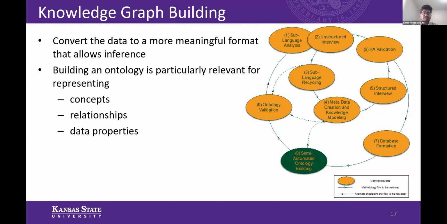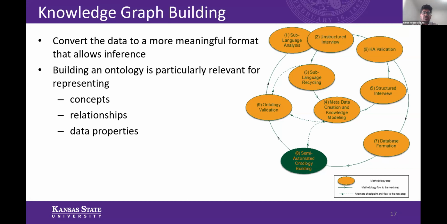As we all know, converting the data to a more meaningful format that allows inference of new knowledge, which is not explicit in the flat representation in the database, can be achieved by using semantic web technologies, mainly an ontology.